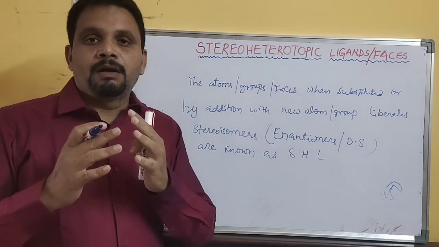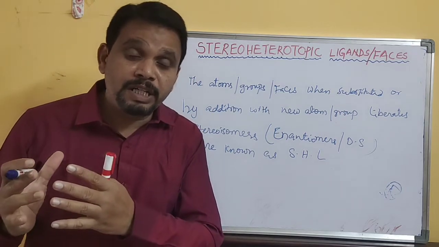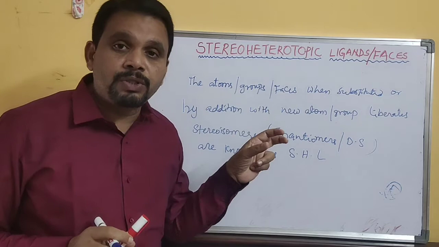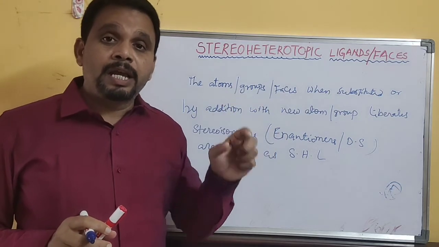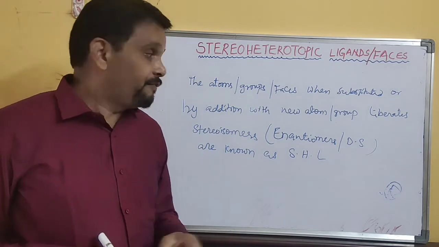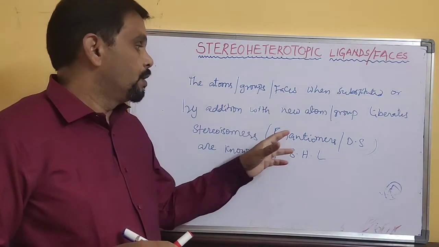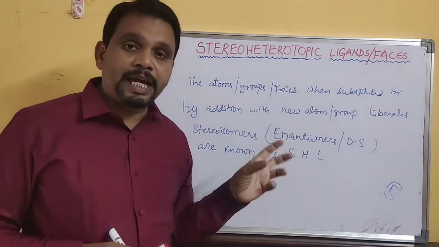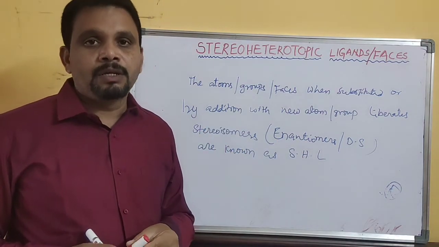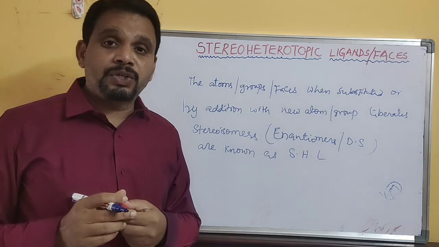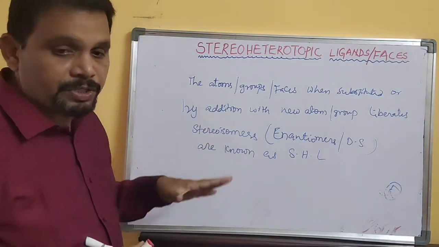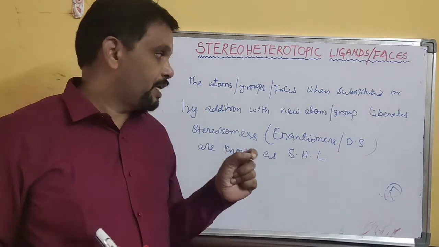If enantiomers are formed in that reaction, then those atoms or groups can be considered as enantiotopic ligands. If in that reaction diastereomers are formed, then those atoms or groups can be considered as diastereotopic ligands. Okay, so this is the simple definition you need to understand.